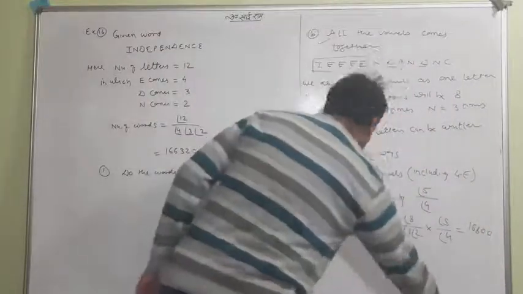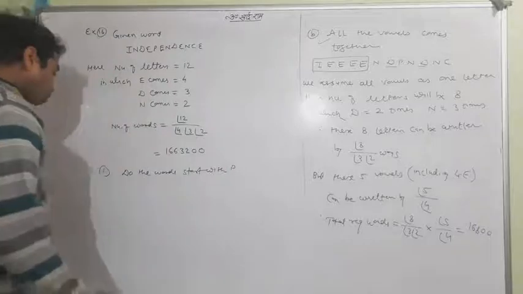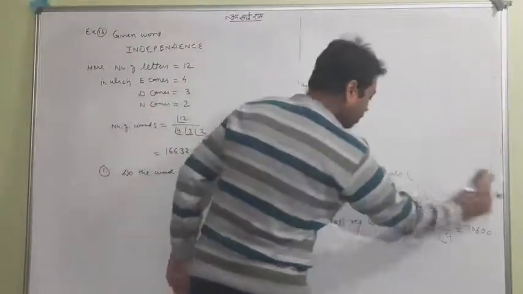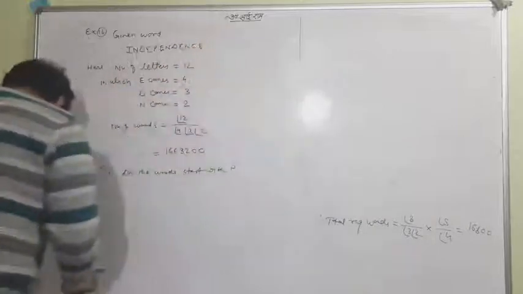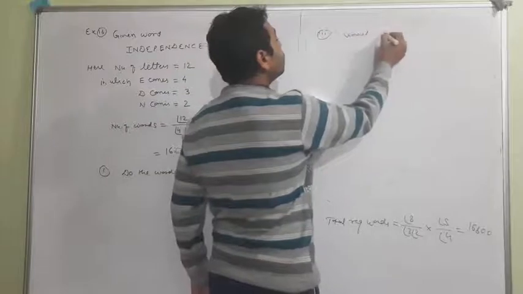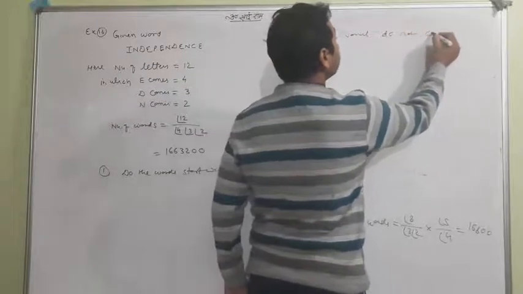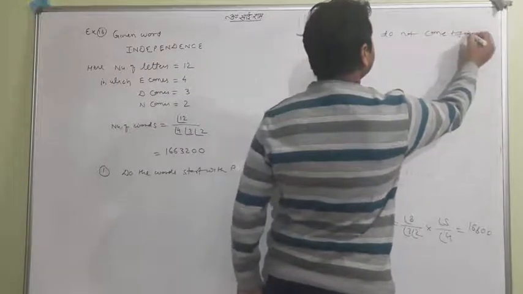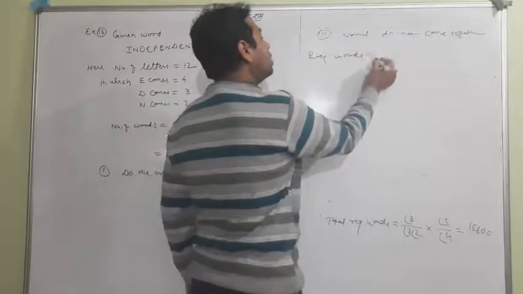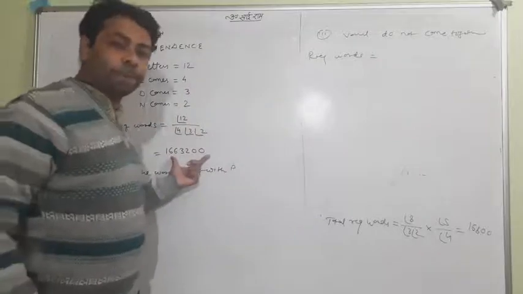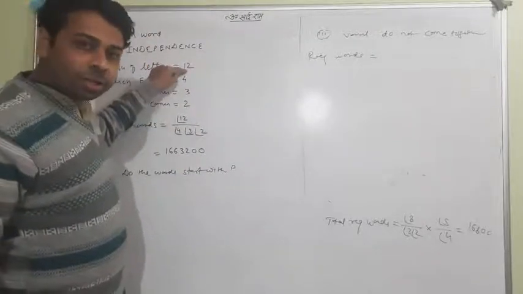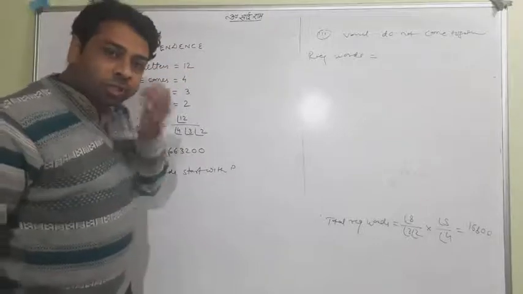So I hope it is now in your knowledge. After B, what comes? C. Question number 3 is vowels do not come together. I don't think that it is a tough one. The required answer, you know that. Why? Because the total answer we found initially, this was without any condition. Total letters taken, without any condition, it was done.